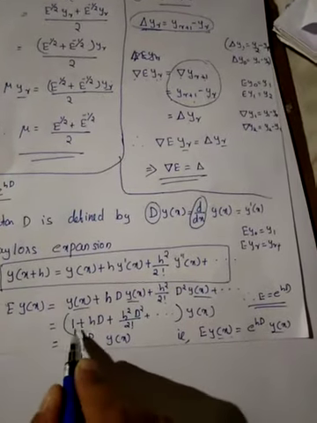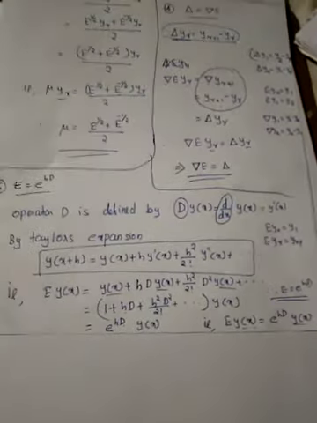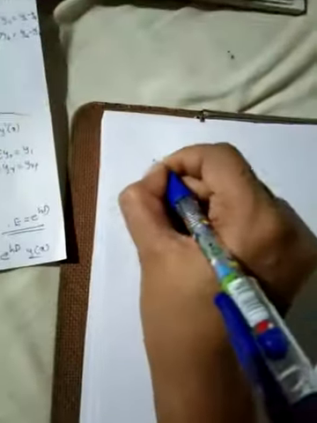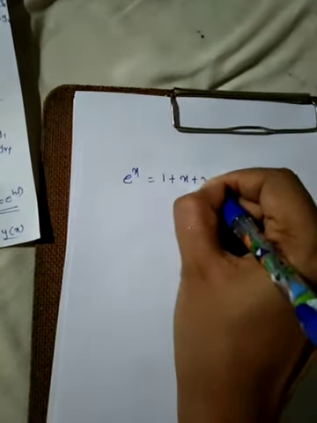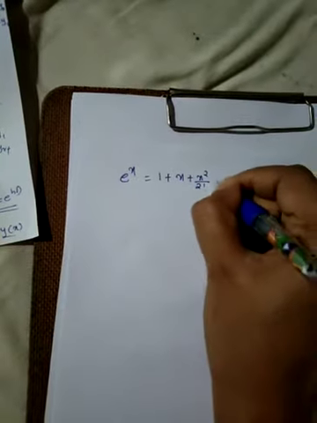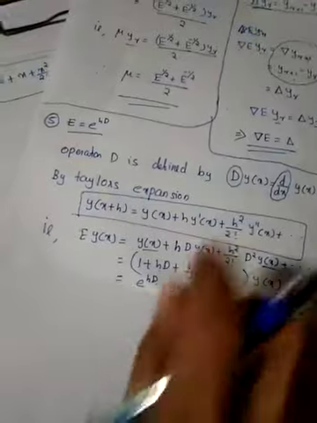The expansion of e raised to hD equal to 1 plus hD plus h squared D squared by 2 factorial plus etc. That is the expansion of e raised to x. e raised to x equal to 1 plus x plus x squared by 2 factorial plus etc. So it is the general form of e raised to hD. Here x, here hD. Okay, thank you.